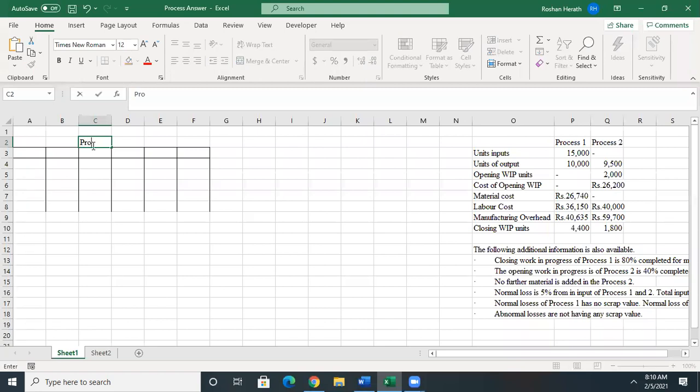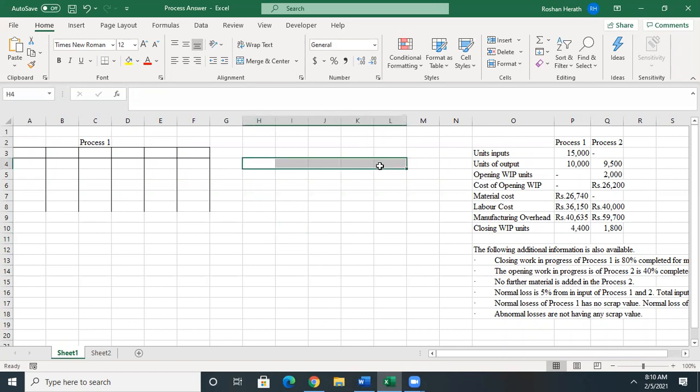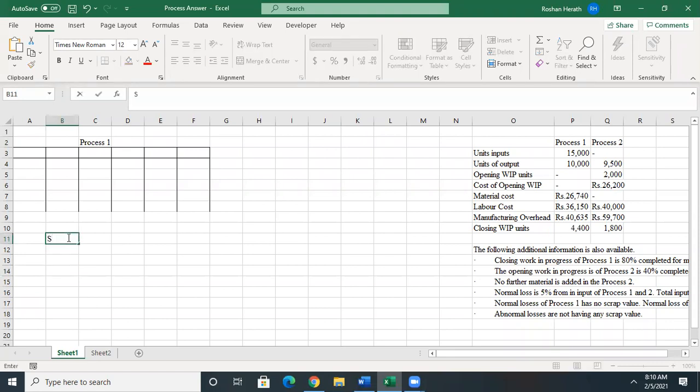It's going to be the process 1. And they said that the normal loss has no scrap. So you may definitely need a schedule for equivalent units.